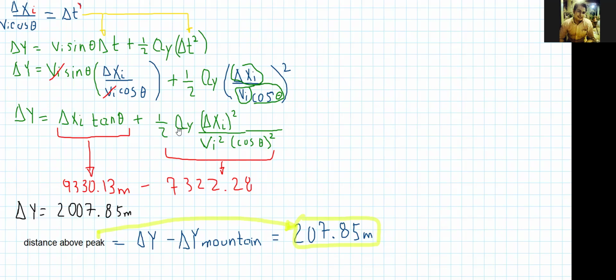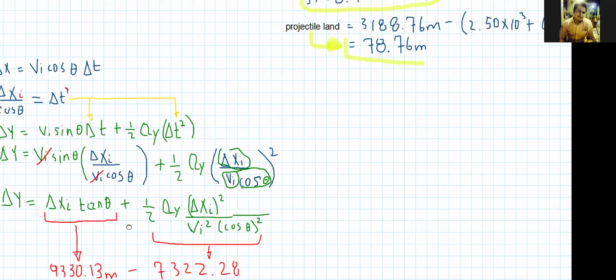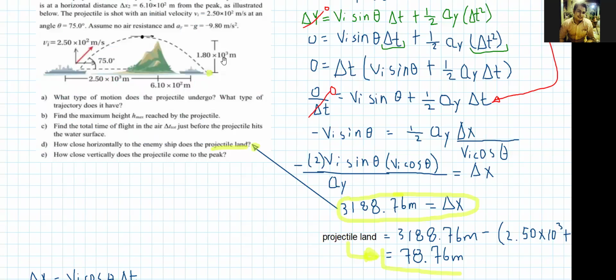So because of the negative acceleration in y, we have a subtraction. So this vertical displacement is equal to 2007.85. Okay, 2007.85 is greater than 1.80 times 10 to the third power.